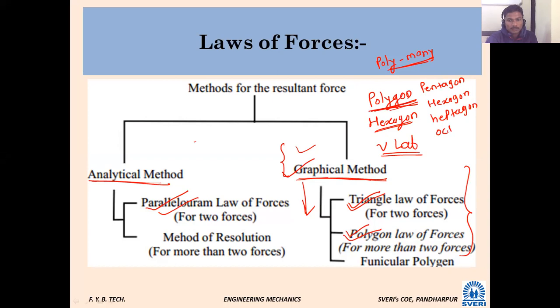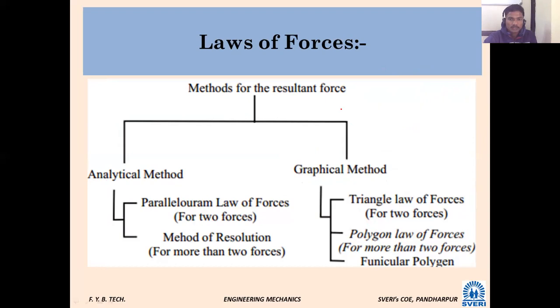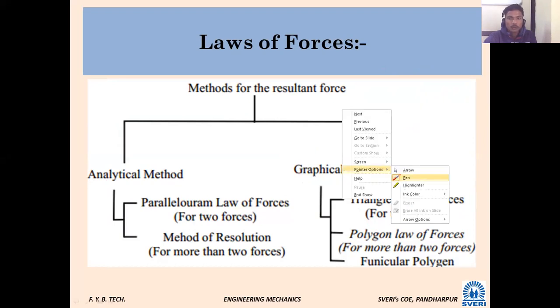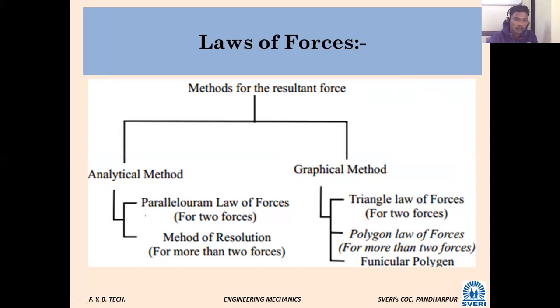Then eight, octagon, and so on. There are many, but we are going to remember a few of them. We are going to see parallelogram, triangle, and polygon, which in general means a number of sides more than four.